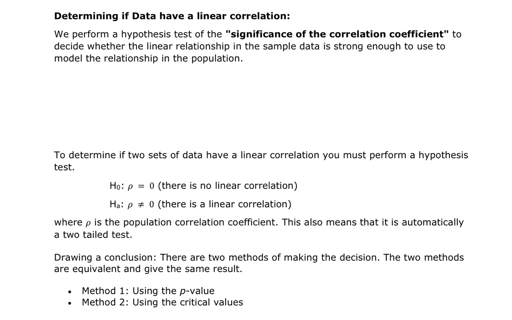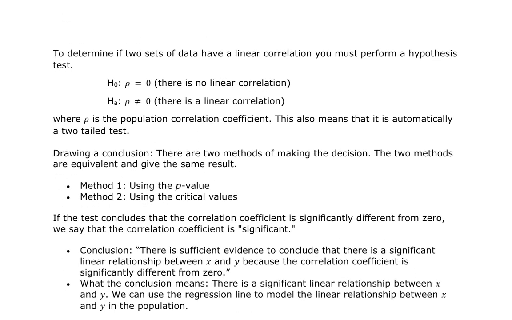So when we draw the conclusion, we can do it one of two ways, like we've been doing in all the other videos. We can talk about the p-value, or we can talk about the critical value. If the test concludes that the correlation coefficient is significant, and it's different from 0, we'd say something like, there is significant evidence to conclude there is a significant linear relationship between these variables, because the correlation coefficient is significantly different from 0.